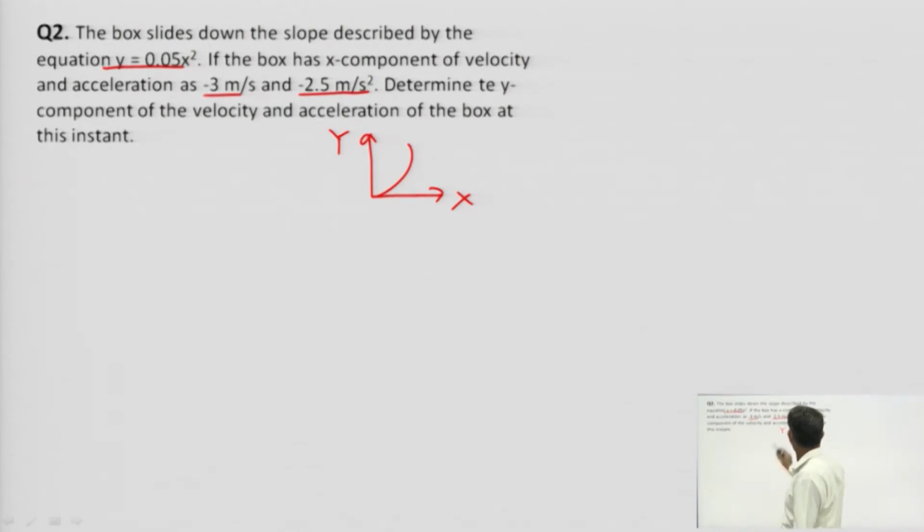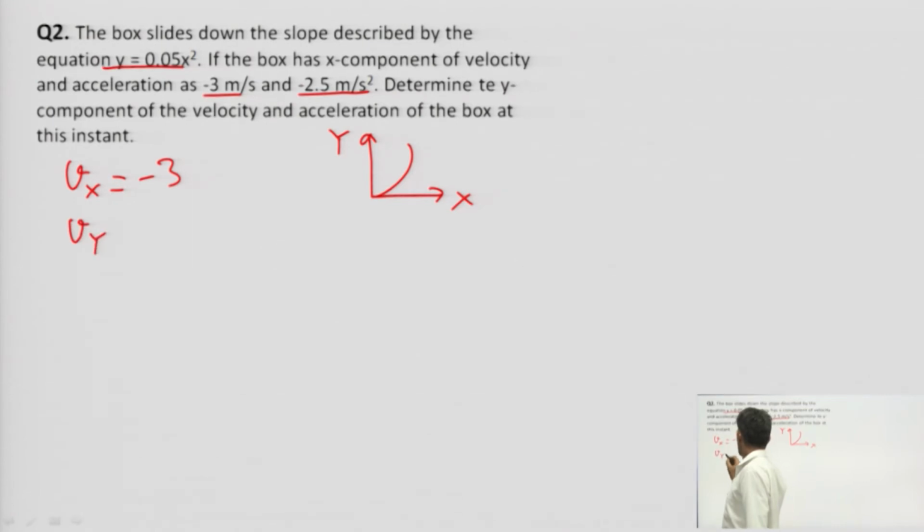Vx value is given as minus 3 and ax is given as minus 2.5.